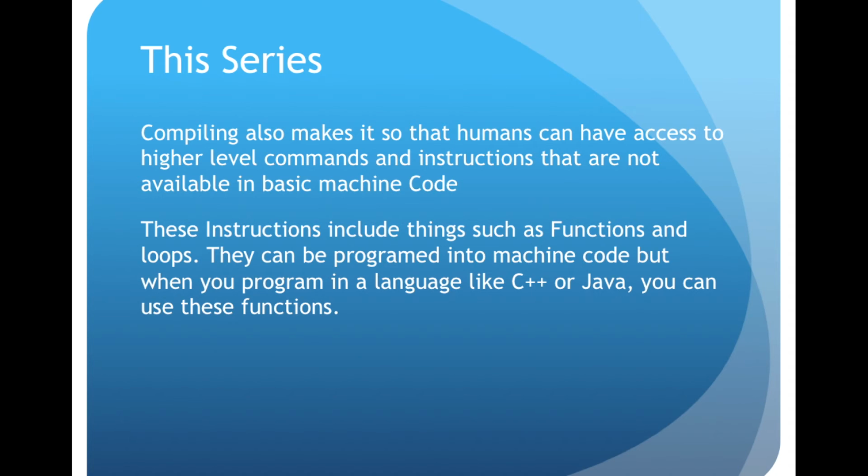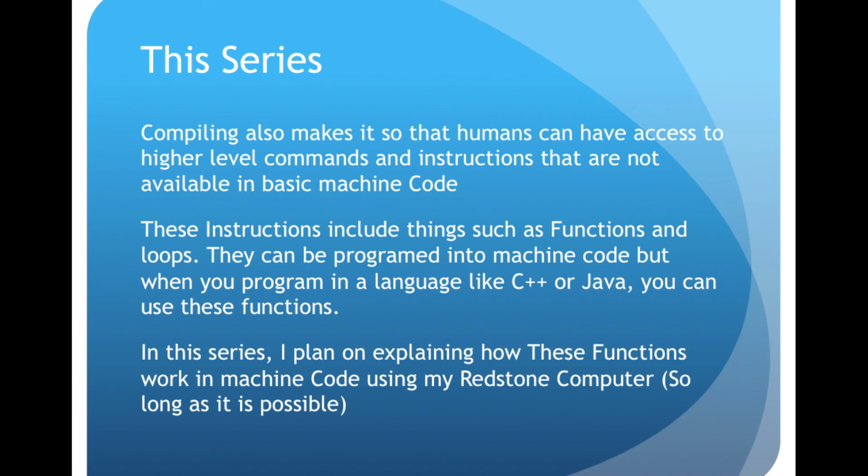And you will not learn these things when you're actually learning how to program in these languages. So what I'm going to do is use the computer that I built in my Explaining How Computers Function series, and implement these advanced functions into that computer where it's possible, but there are a few things that I can't do in that.